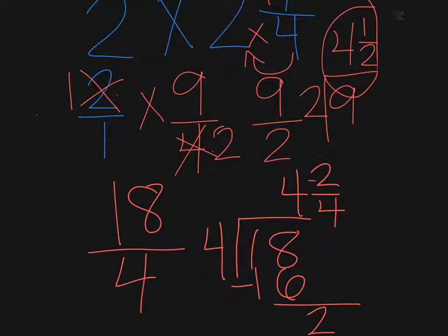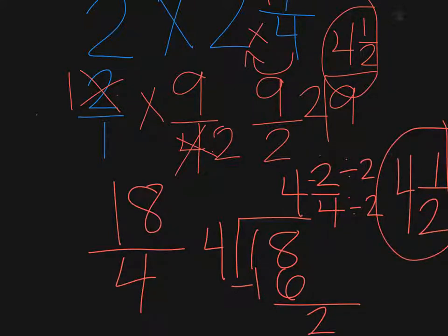So if I said 2 divided by 2 and 4 divided by 2, I'm going to get 4 1/2. I still got the same answer. It just took me a little bit longer to do it that way. So either way, this works for you as the one I want you to use, okay? All right, so let's take a look at number 7. Go ahead and work number 7.